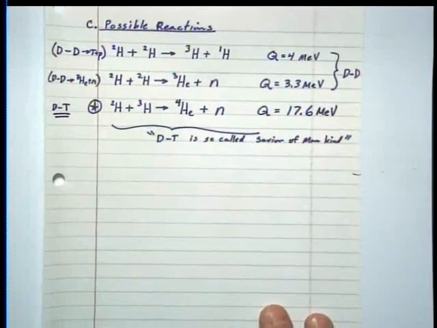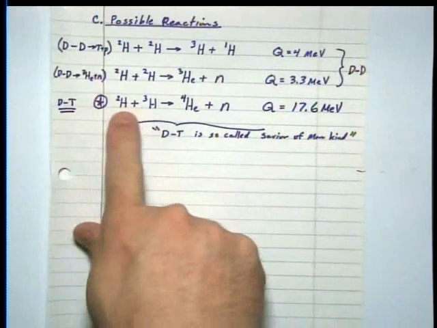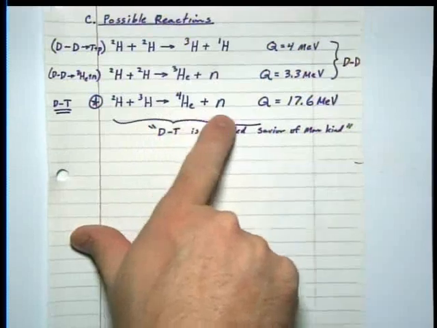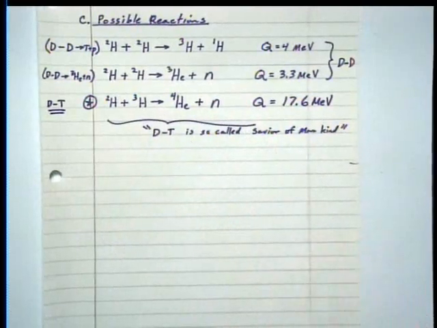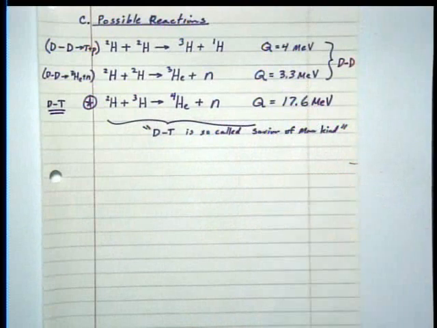But the one that everybody always talks about is the savior of man reactor. You take deuterium and tritium, you get an alpha and a neutron, and you get 17.6 MeV of energy out, which is a little better kick than these other guys. So this is the one they're always working on. They either have a tritium shell or a deuterium pellet and they smack it with a laser. However they're doing it, they're trying to drive this reaction and make this thing work.